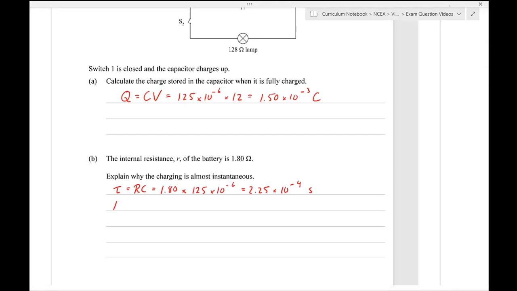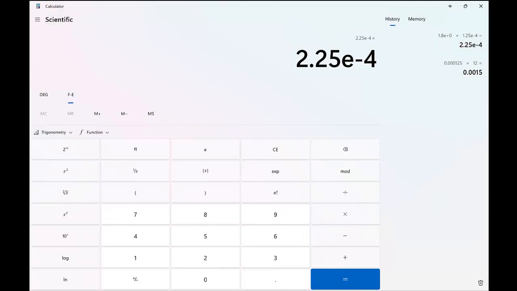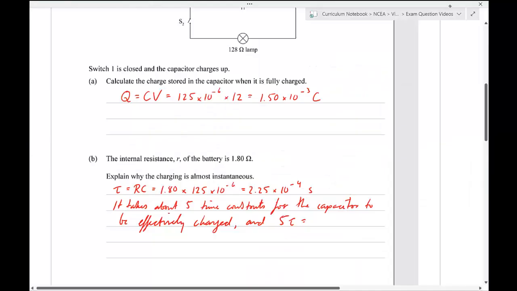Then we'll say it takes about 5 time constants for the capacitor to be effectively charged. And 5 tau is equal to, so this times 5, 1.125 times 10 to the minus 3 seconds.